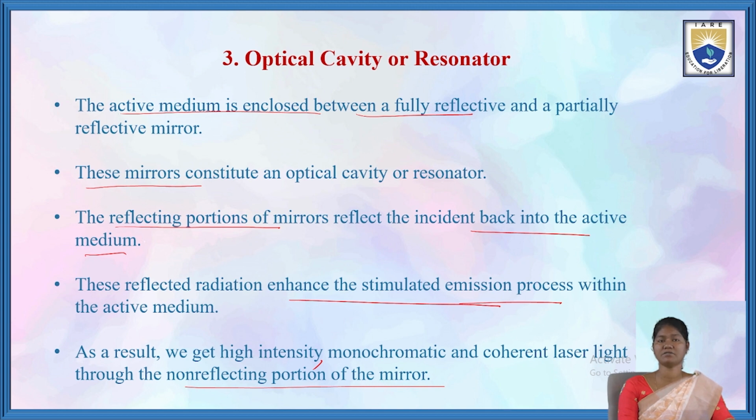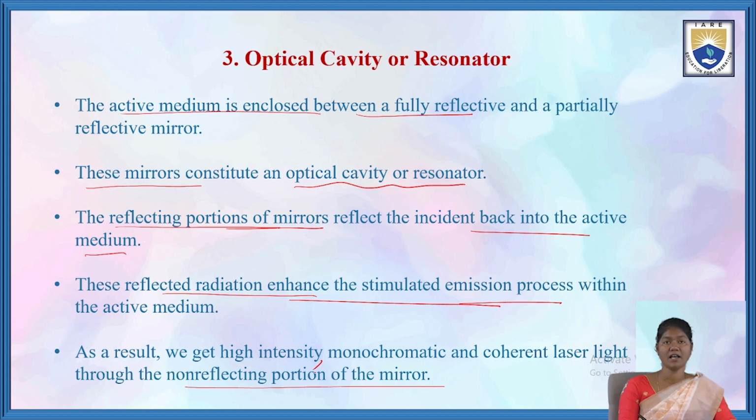These mirrors constitute the optical cavity or optical resonator. The reflecting portion of the mirrors reflects the incident photons back and forth into the active medium. These reflected radiations enhance the stimulated emission process within the active medium.